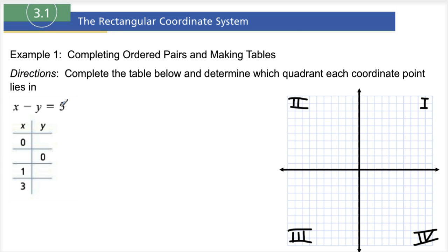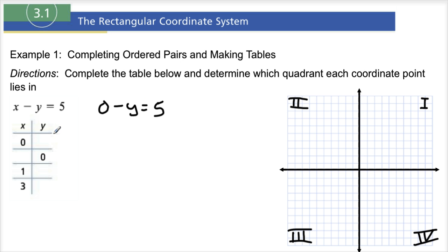So let's take a look at the first part right here. So if x is 0, then what must y be? So 0 minus what is 5. The way you could do this is just substitution right here. So you could just do 0 minus y equals 5.